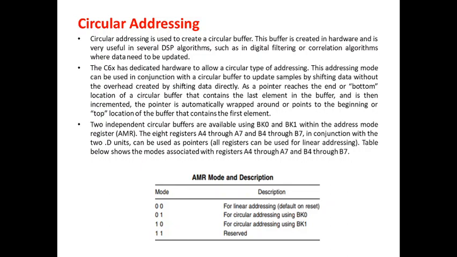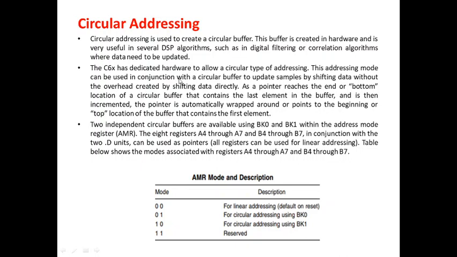Circular addressing is used to create a circular buffer. As we have seen in the beginning of our DSP processors, in order to address circular buffers, we need to go for circular addressing. This buffer is created in hardware and is very useful in DSP algorithms, such as digital filtering or correlation algorithms.